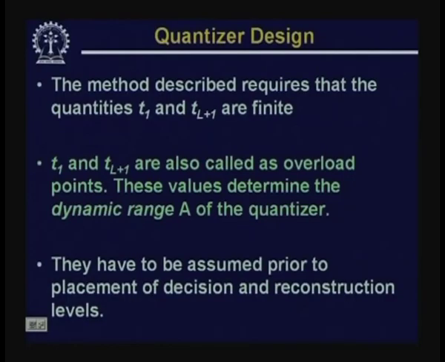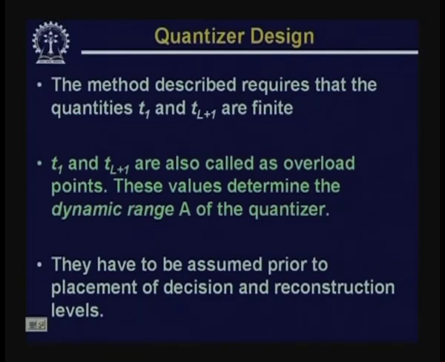Now, for solving this particular equation, the requirement is that T_1 and T_{L+1}, the minimum transition level and the maximum transition level, must be finite. At the same time, we have to assume T_1 and T_{L+1} a priori, before placement of decision and reconstruction levels.